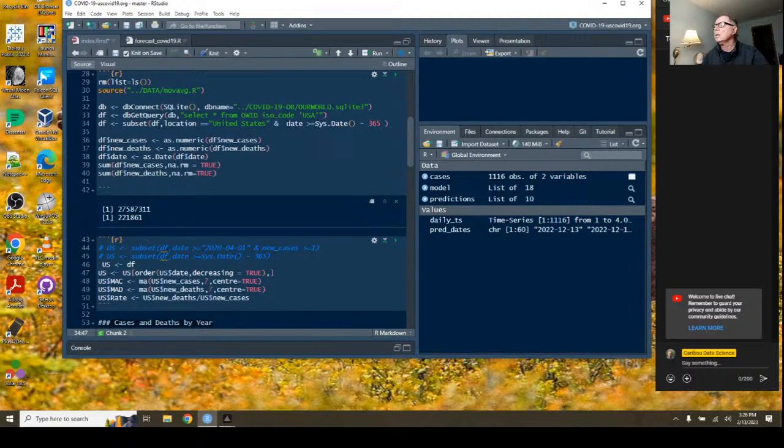And of course we're using subset. We're going to call this DB2, because we want to be able to calculate the total for the year as a separate thing.